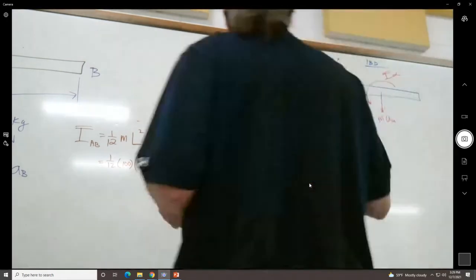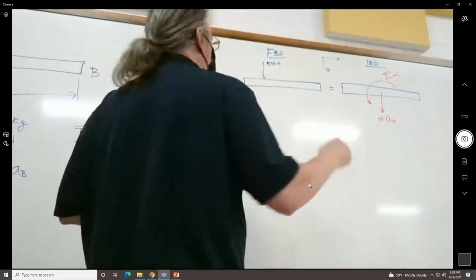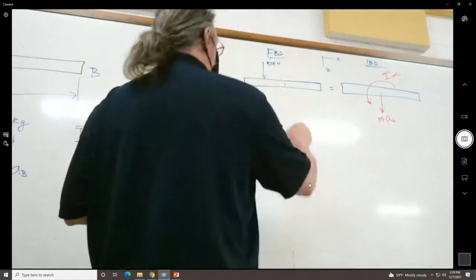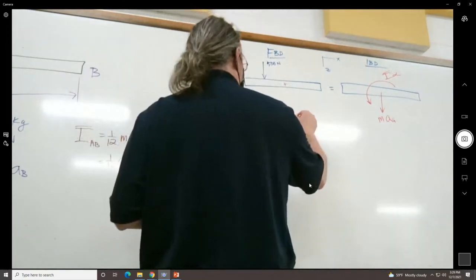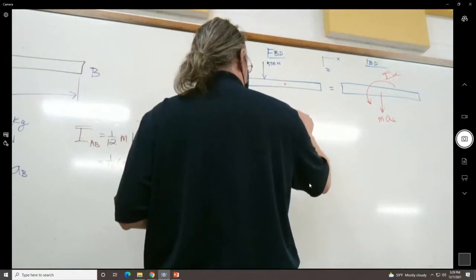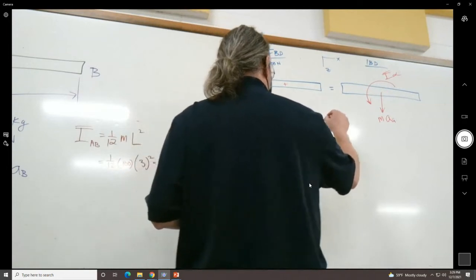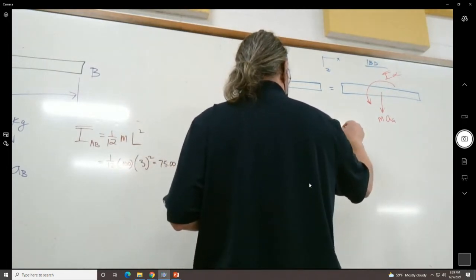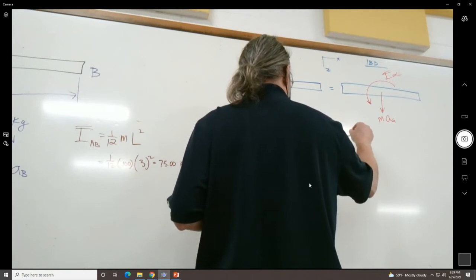So what we can do here is take the sum of the moments about the center of mass equal to the sum of the effective moments about the center of mass.